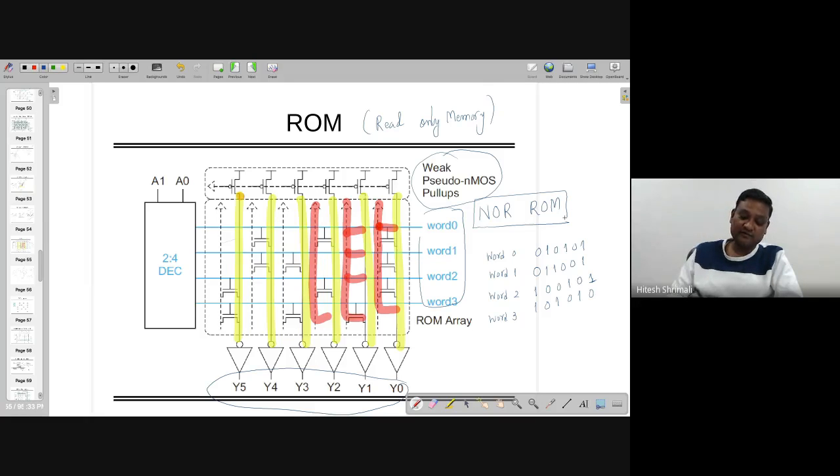Note that an extra transistor is added over here. It's a weak pseudo NMOS pull-up. We are keeping a weak pseudo NMOS pull-up because if it is not weak, and if it is strong, meaning W/L is quite high compared to the rest of the NMOS transistors, then it's going to make connection with VDD always, right?